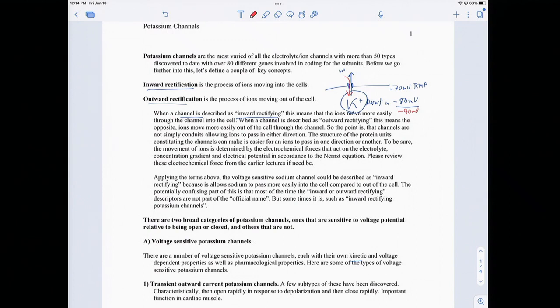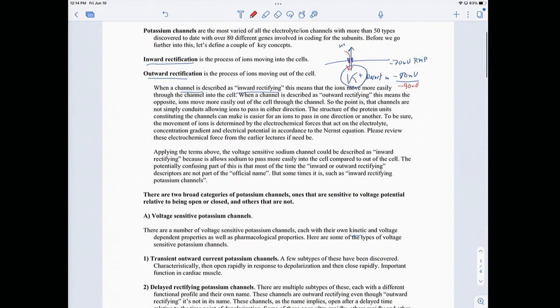Maybe some pathological situations might have that be the case, but typically you're not going to be below the reversal potential for potassium. But if you were, theoretically, and you can certainly do this experimentally, then the potassium would be flowing into the cell. Okay. So again, I'm making a distinction between the nature of the channel itself, in terms of how easy it is to go in and out, versus whether the ion will go in or out given the opportunity, and that's all about the Nernst value.